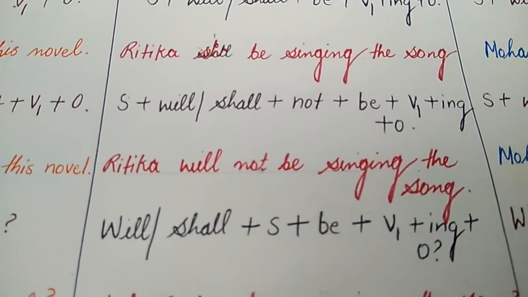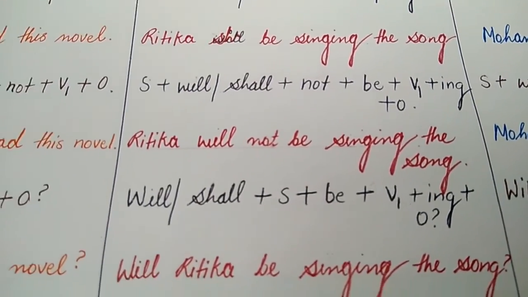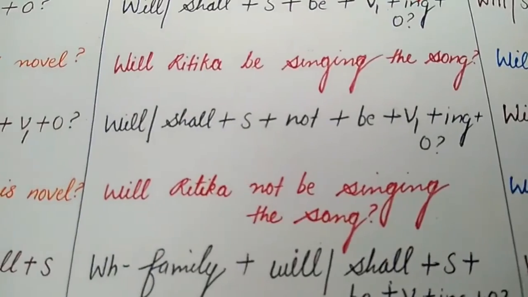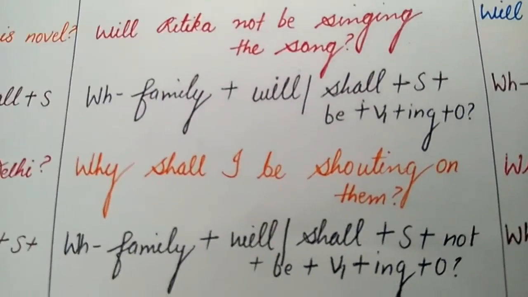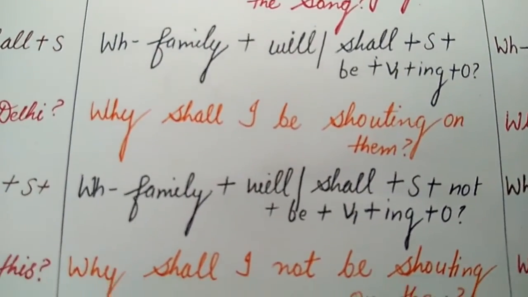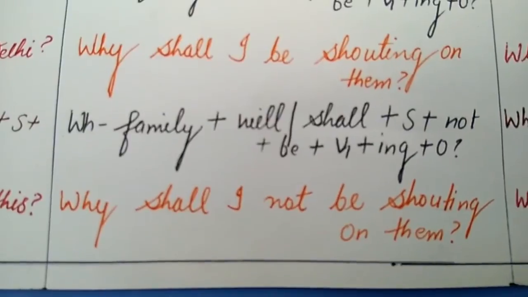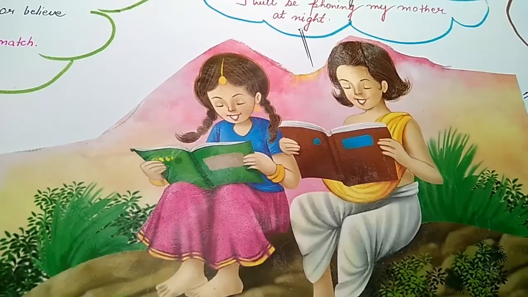He also talked to us about the interrogative, WH question and WH negative question structures. So these are the 6 possible sentence structures of future continuous tense.